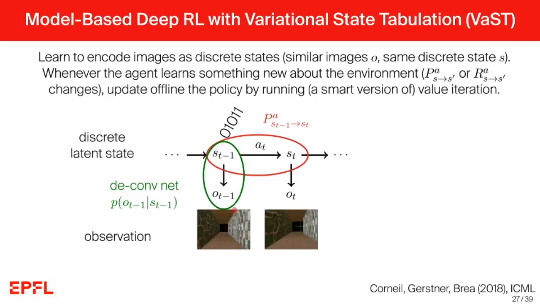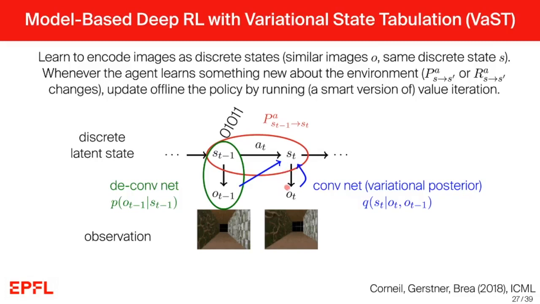With this, what is called the reconstruction network, we can then also train a convolutional network that takes observations to latent states, to such binary discrete representations.